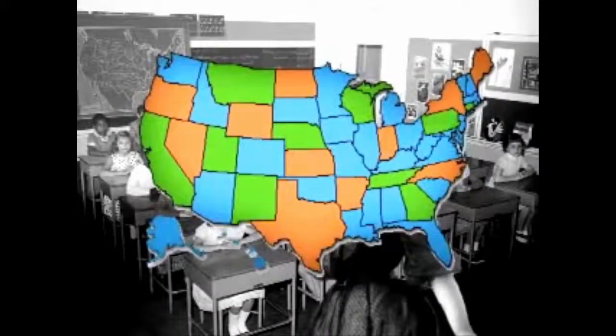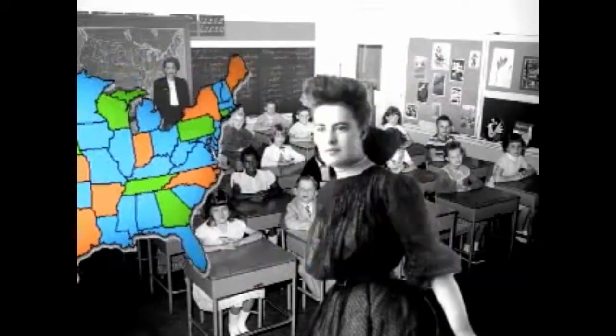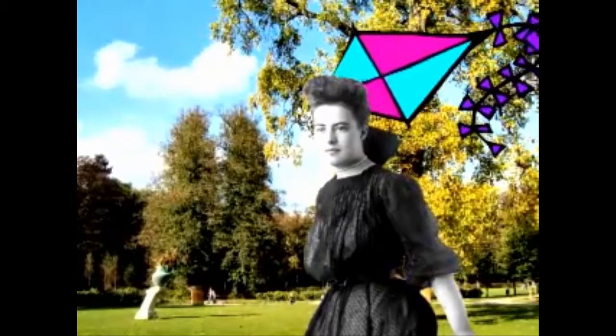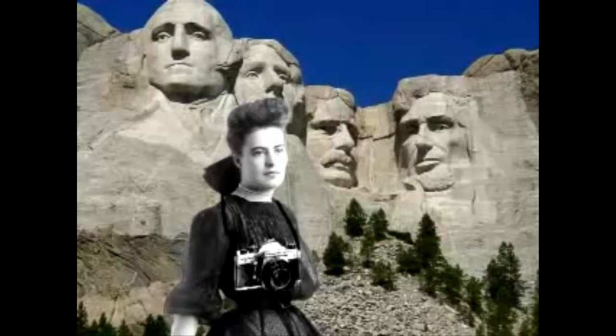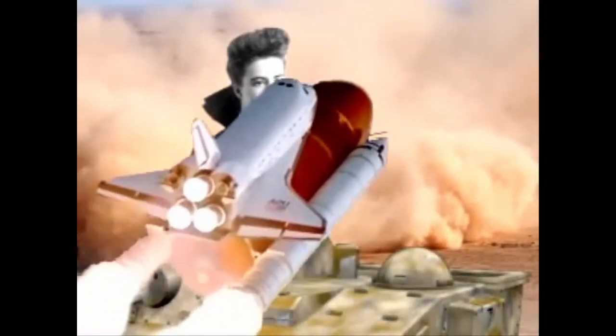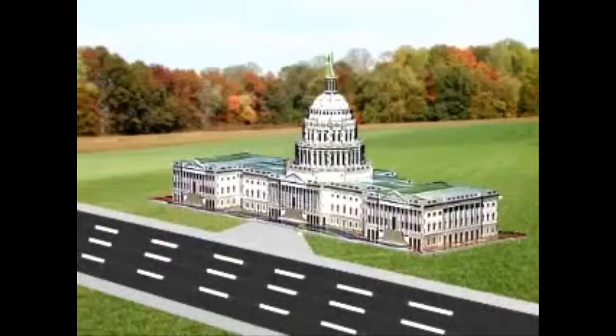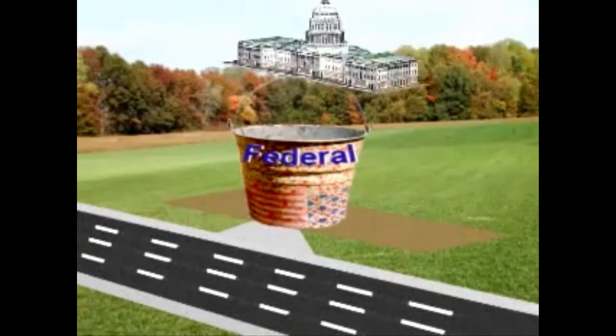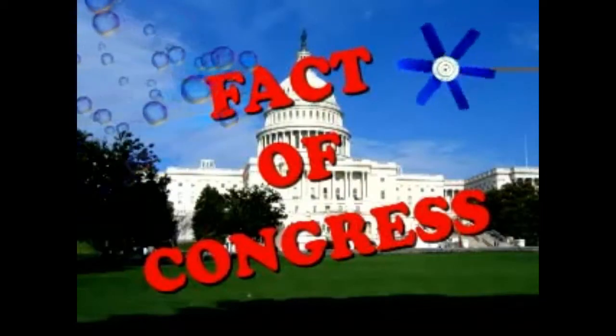State government handles issues about your state such as education, health care, and recreation. Federal government handles national issues such as national parks, the military, and space exploration. The U.S. Congress is a part of our federal government. This system of dividing responsibilities among governments is called federalism. And that's another fact of Congress.